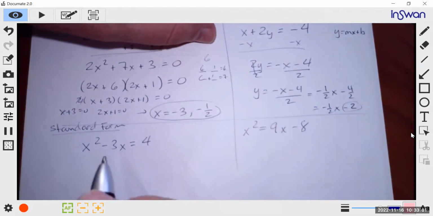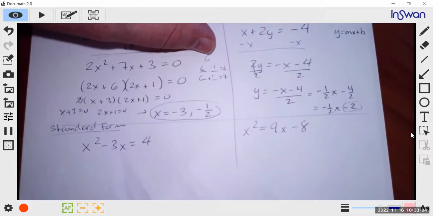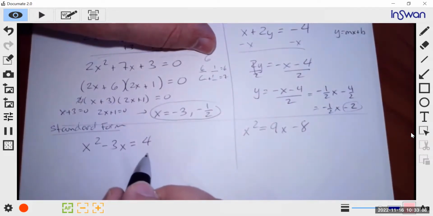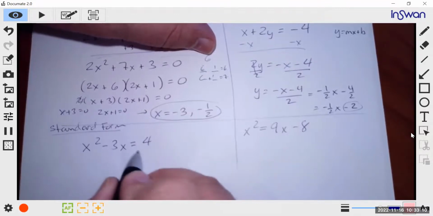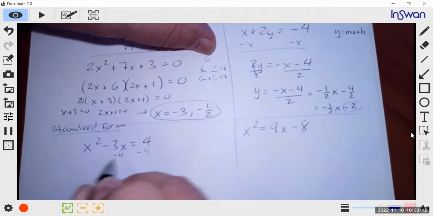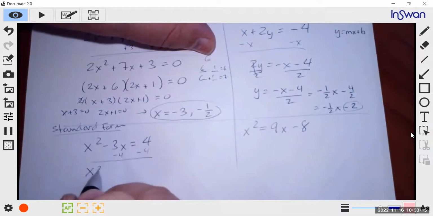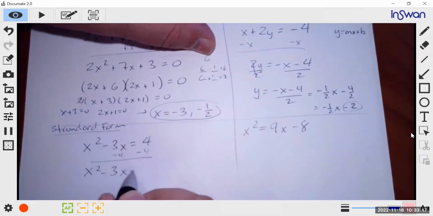What's the first thing I gotta do? Has to say equal to 0, so I have to subtract 4 from both sides. Has to be equal to 0 before I do anything, because it's a polynomial.